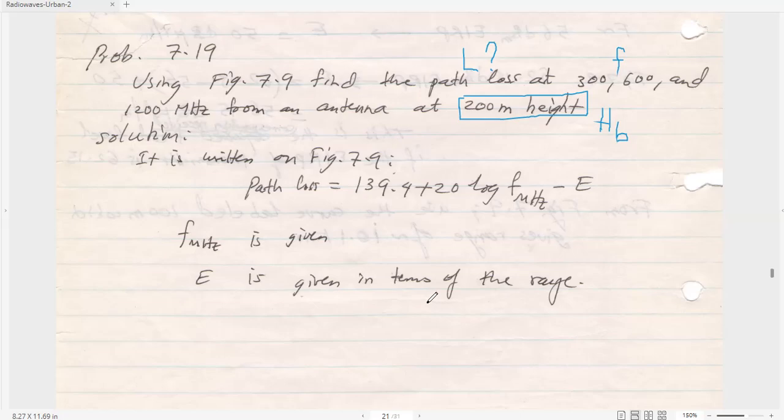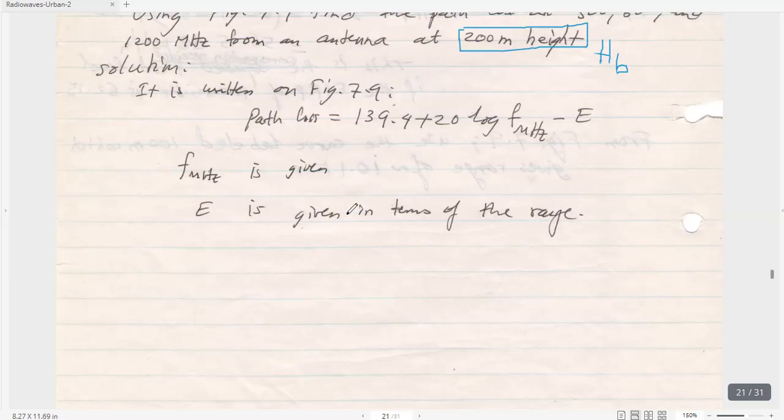So we put different ranges to obtain the electric field, and you put the electric field here, and you put frequencies to find the path loss. So you can draw a curve for the distance against the path loss, or the frequency against the path loss with the distance as parameter, or distance with path loss with the frequency as parameter.